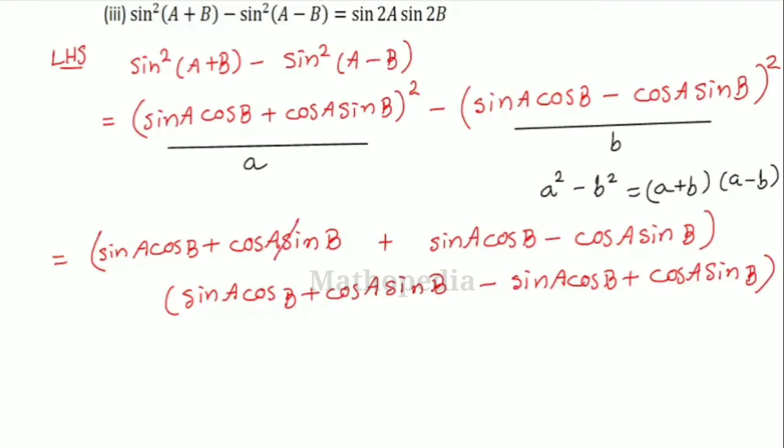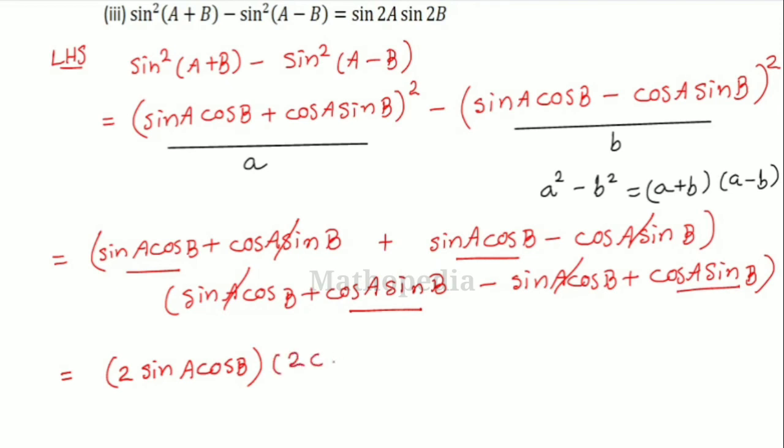Now cancel cos A sin B and sin A cos B. So we have sin A cos B and sin A cos B, so that is equal to 2 sin A cos B into cos A sin B plus cos A sin B, 2 cos A sin B.